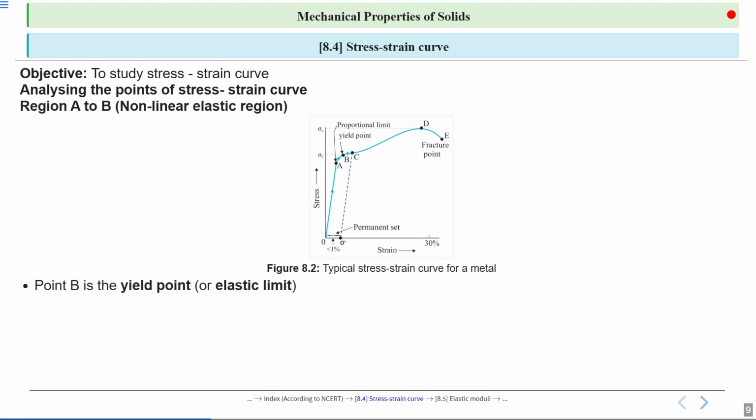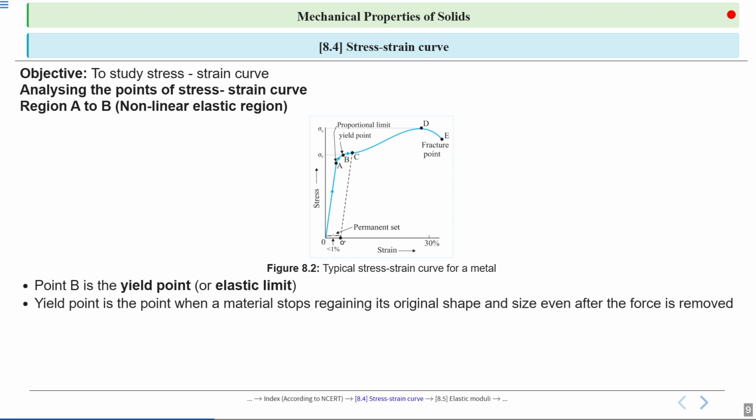Point B is the yield point, alright, or elastic limit. This is a critical point because it marks the maximum stress that the material can handle and still return to its original shape once the force is removed. Emphasize that up to this point the material behaves elastically.